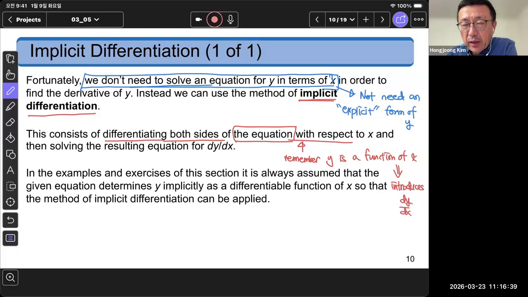Okay, and then you need to solve the result for dy dx as I did moments ago. So that will give you the derivative. Dy dx is y prime, or f prime of x. Right? So even though we do not know f, we can still find y prime. That is the rate of change of this y with respect to the x variable.